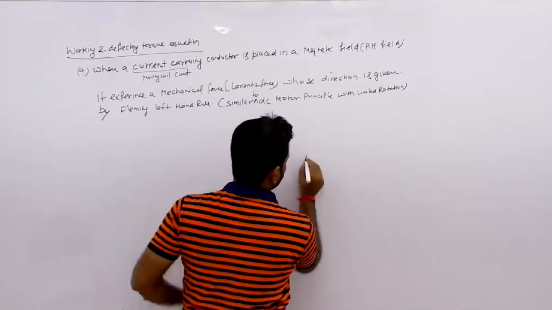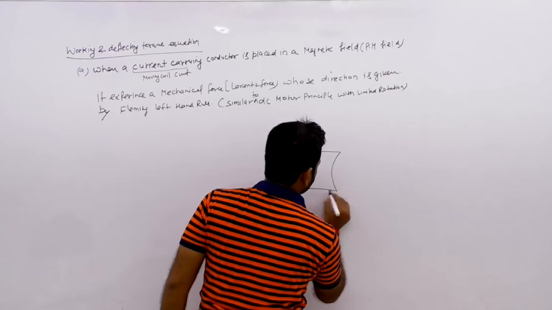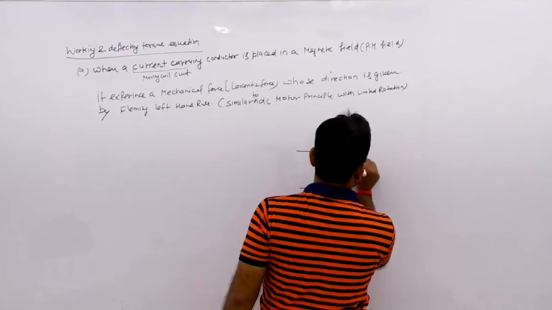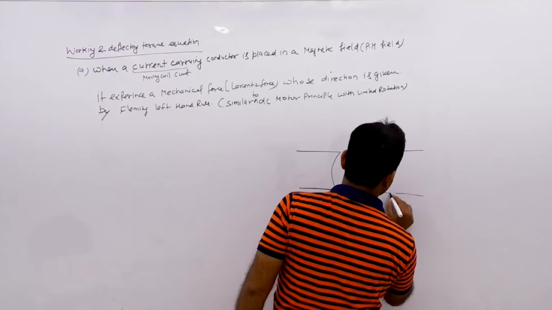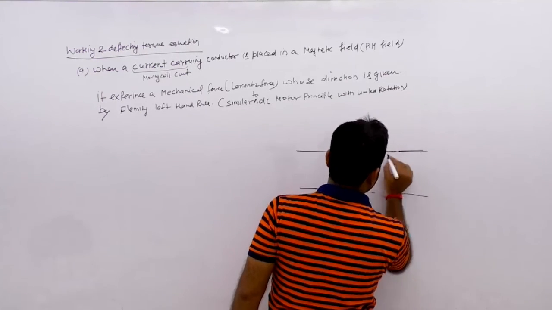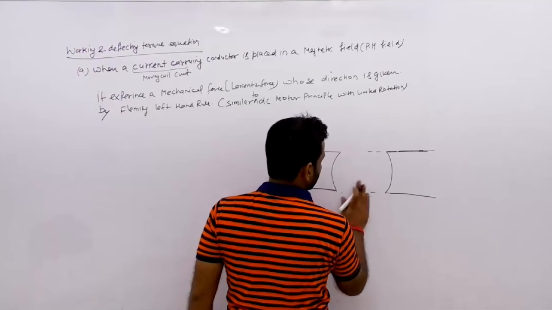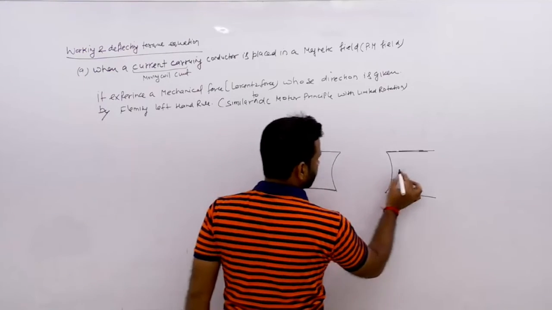Just wait, my art is not perfect as it should be. Now this is your permanent magnetic field, and the permanent magnetic field polarities are north to south.